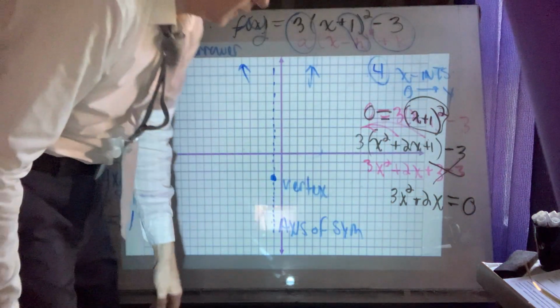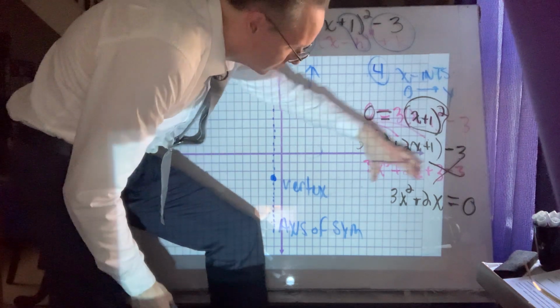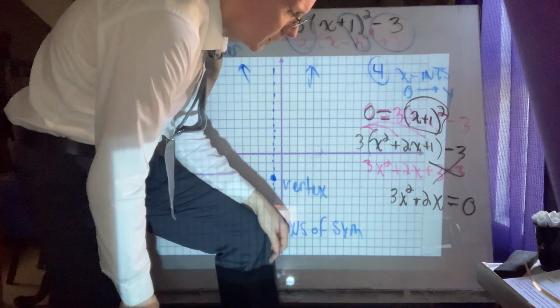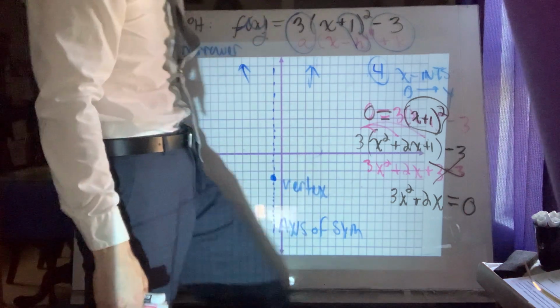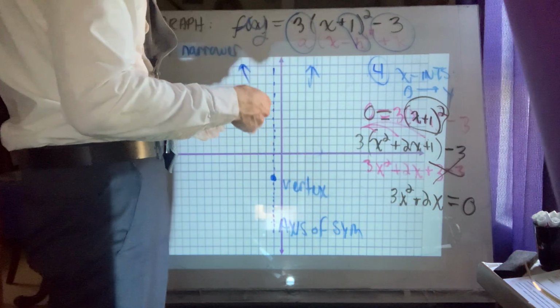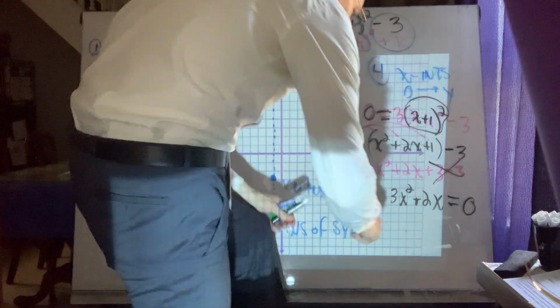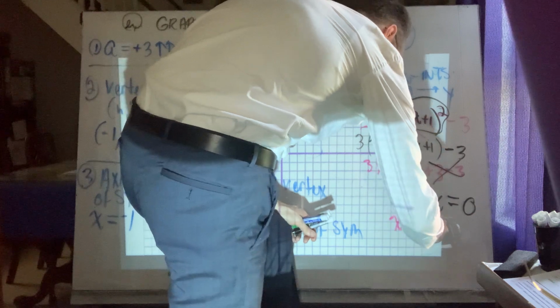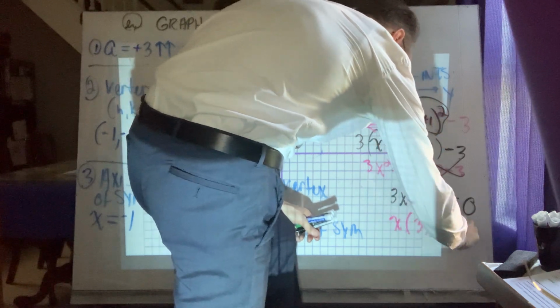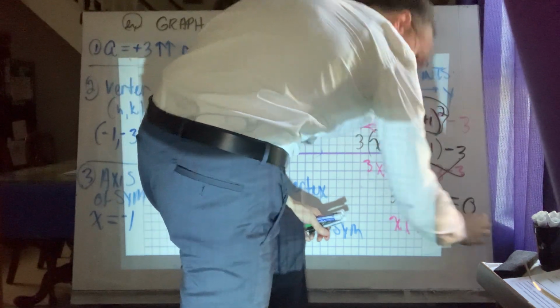Now, my instinct is to try to factor this and then apply the zero product rule. Does that work 100% of the time? Well, for things that are factorable, yes. The common factor is an x value, so it'd be 3x plus 2 is equal to 0.